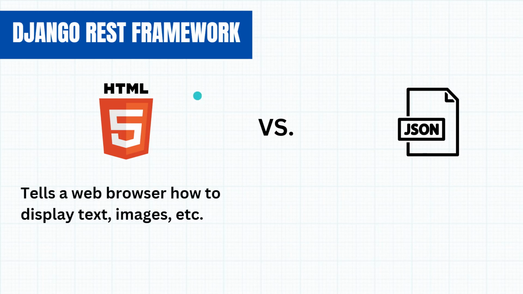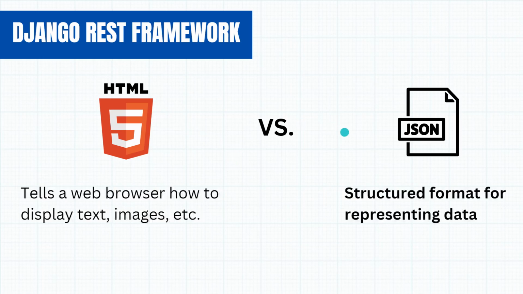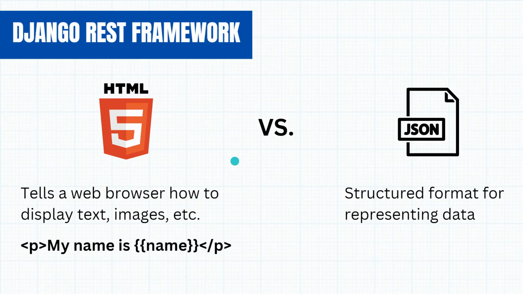An HTML file tells a web browser how and what to display. It tells it how to display the text, images, etc. Whereas a JSON file, or JSON formatted, is just a structured format for representing data. So let's take a look at some examples. This here is a paragraph tag that you might find in an HTML document.